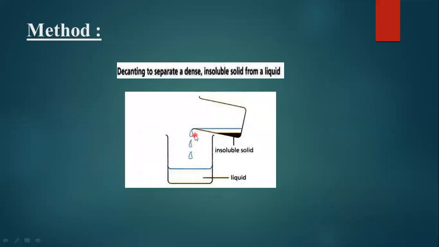The liquid will go into the other beaker, leaving behind these insoluble solids that you can clearly see over here. So that is the simplest way: by simply pouring off the liquid, we can separate any dense insoluble solid from a liquid. That was the first method for separation of such mixtures.